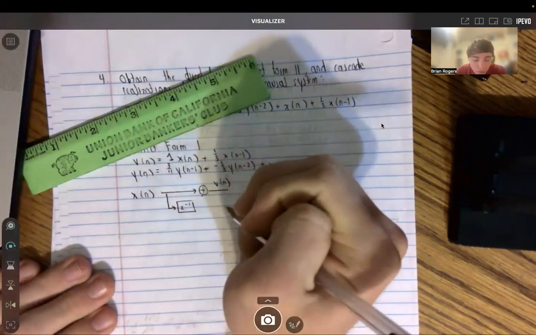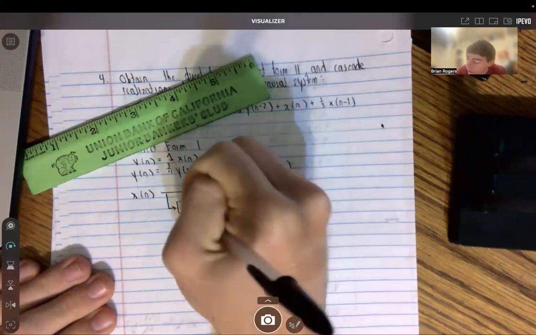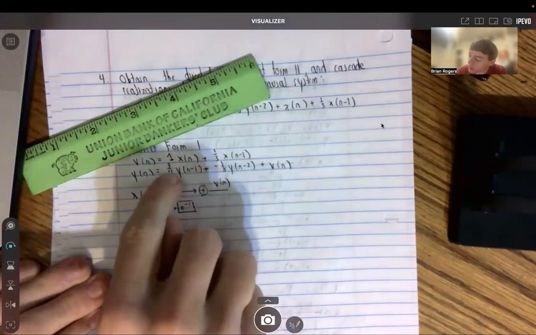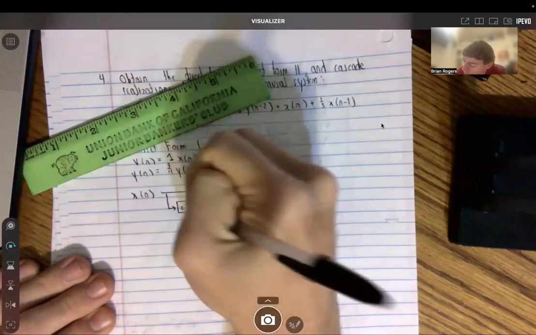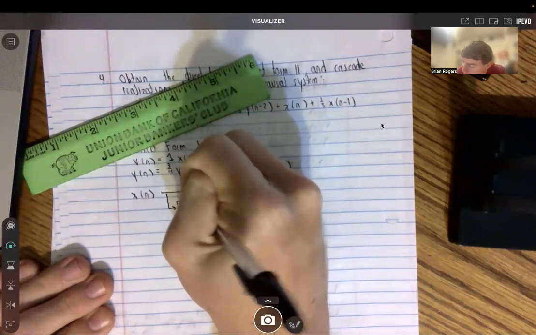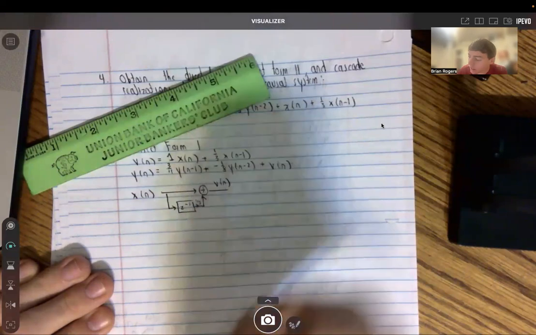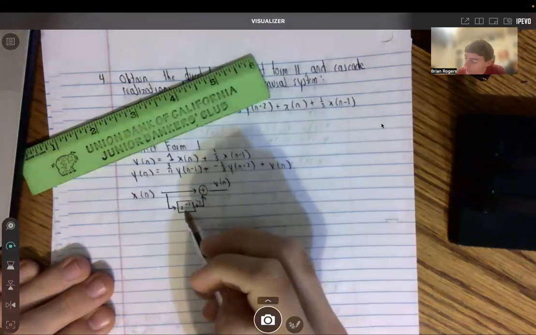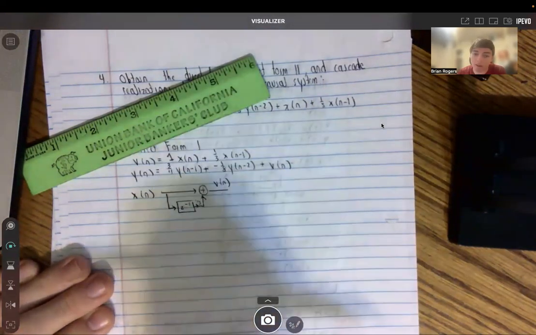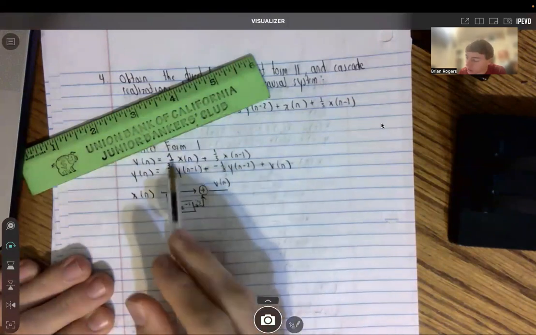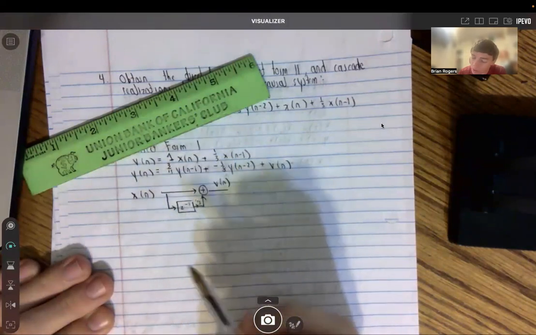Then we push it through that delay, and it looks like 1/3 is what we need to multiply it by. We add that to the block, so it's 1/3 x of n minus 1 plus x of n. And so that's our v of n. Right here, we satisfied our v of n equation.